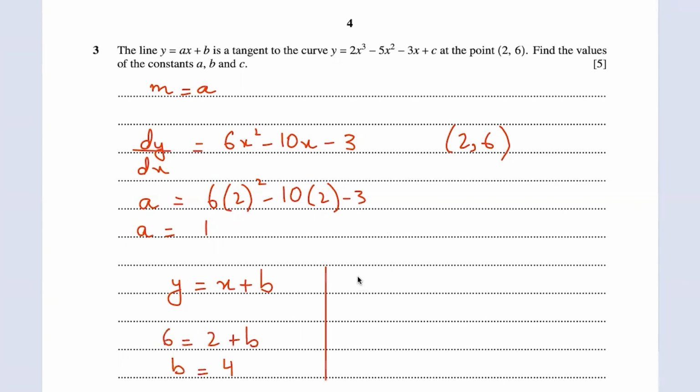So we get 6 = 2 times 2³ − 5 times 2² − 3 times 2 + c. Simplifying this, we get c.